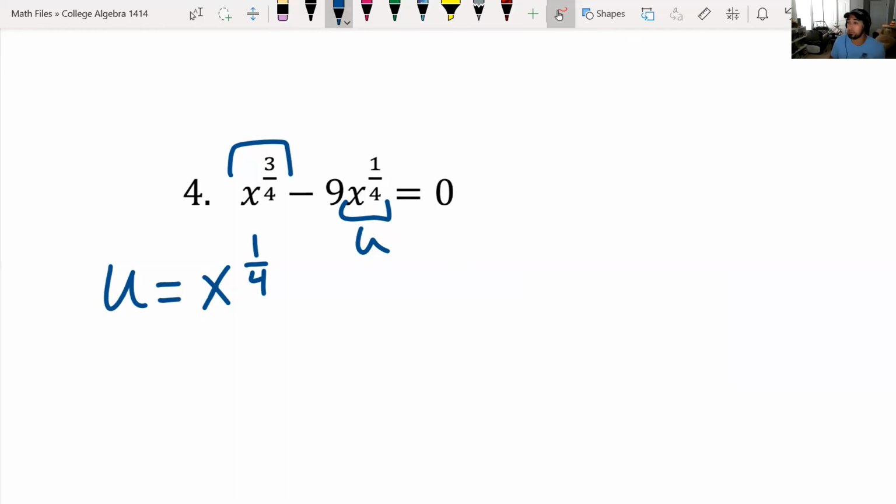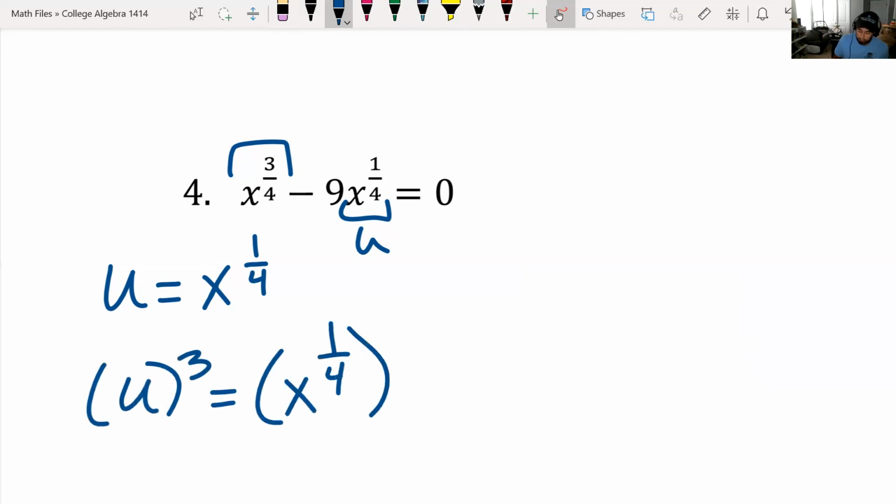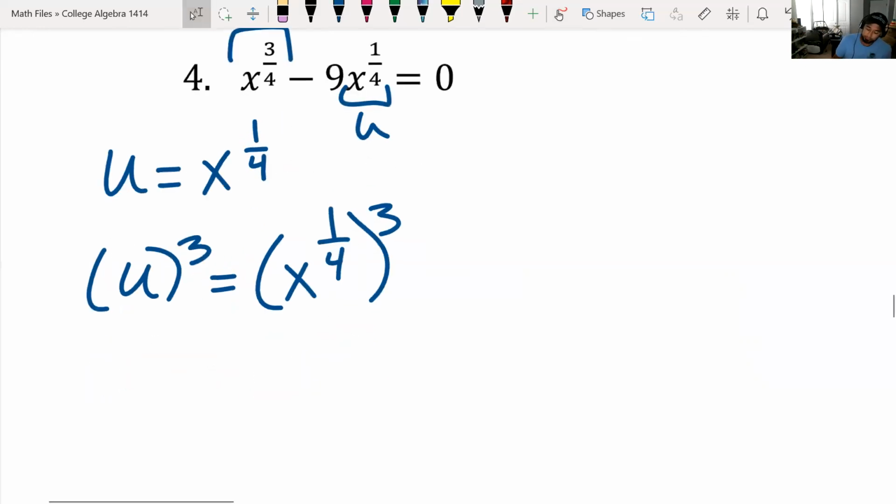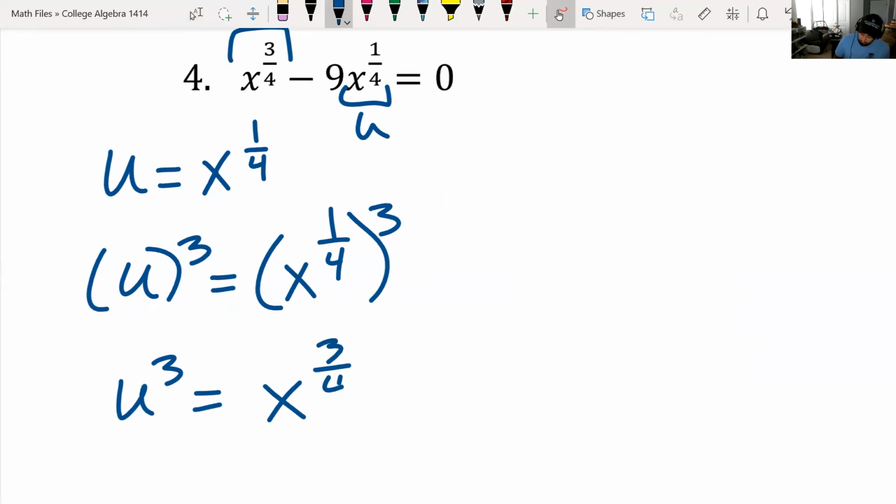So if squaring didn't work, let's try cubing our substitution. So if I said u cubed and x to the 1/4 cubed, we would end up with u cubed equals x to the 3/4.